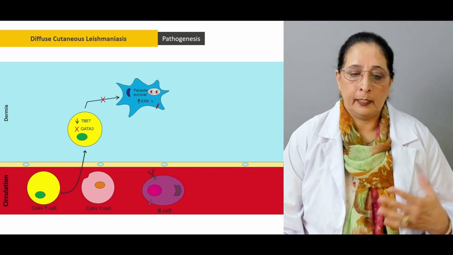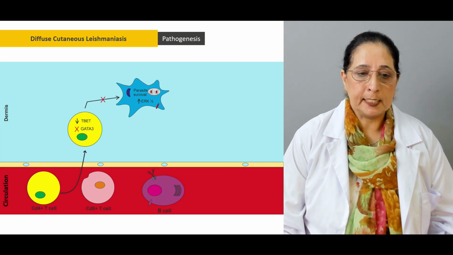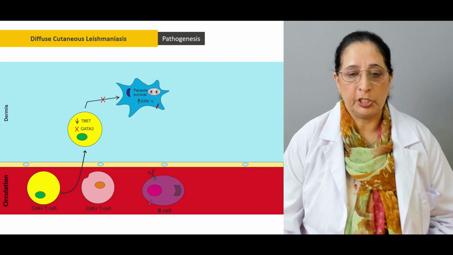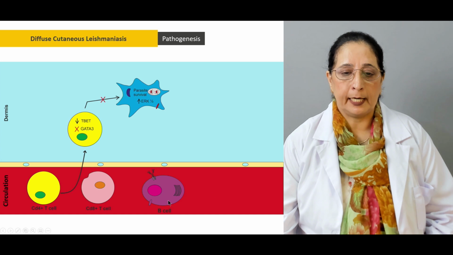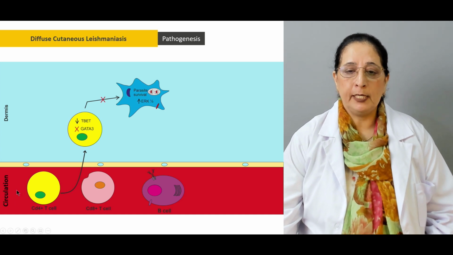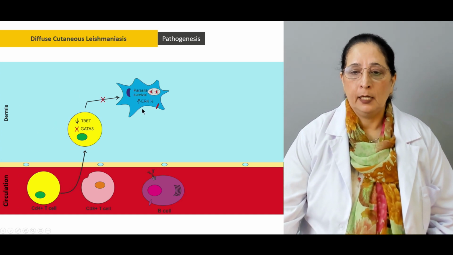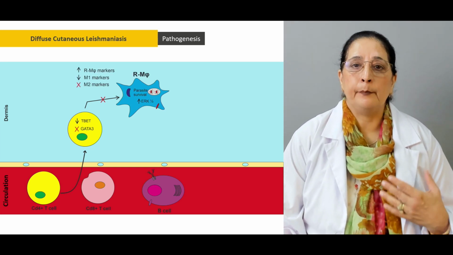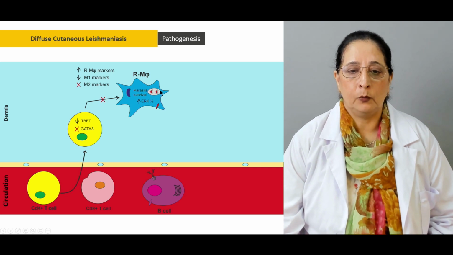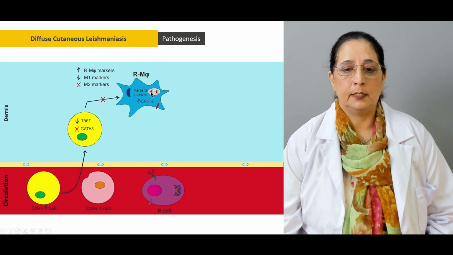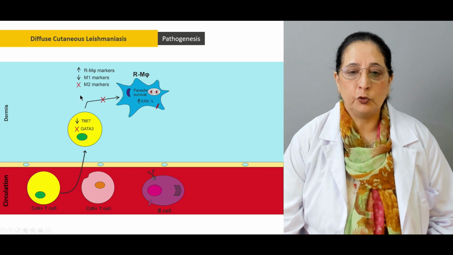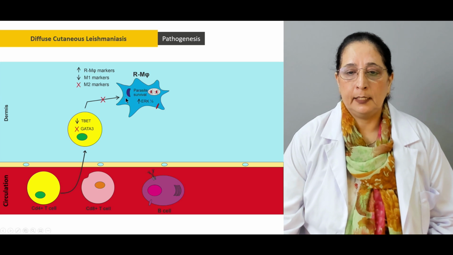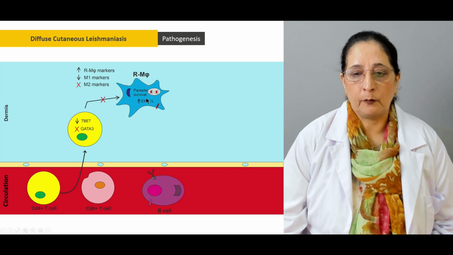CD4 T cells in the dermis bring changes, with T-bet and GATA3, which affect marker cells like M1 and M2 markers, and help in parasite survival.